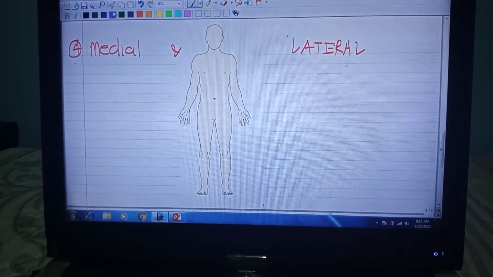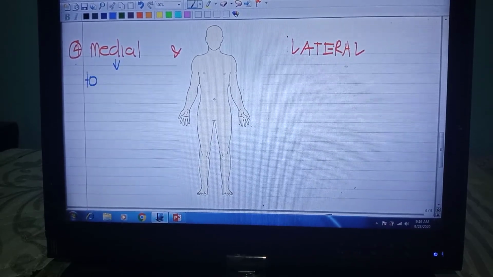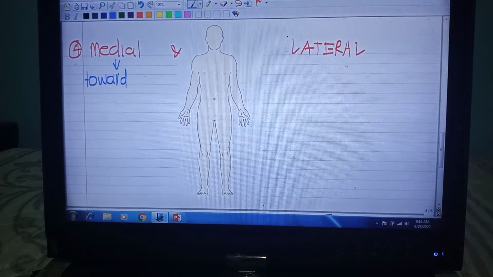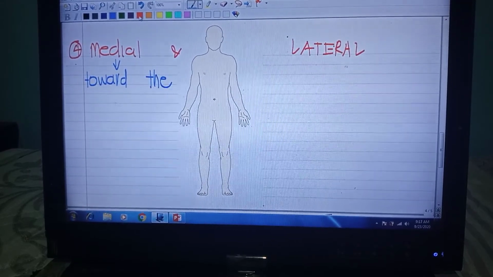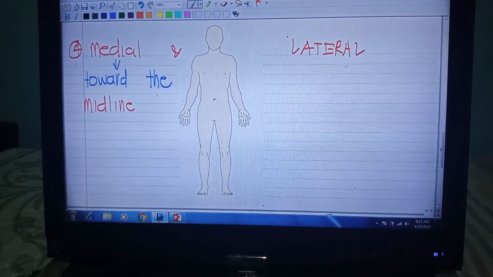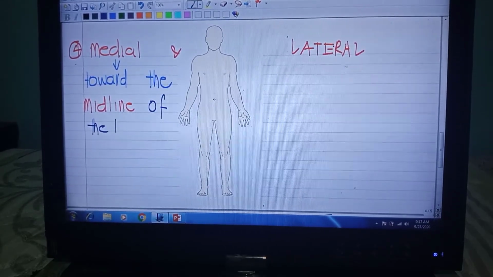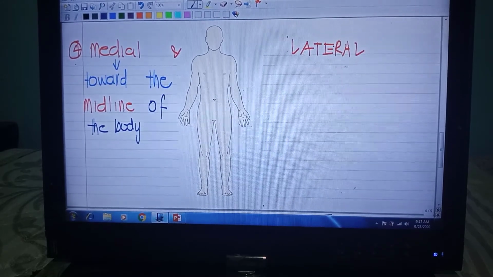Pag sinabi nating medial, obviously medial, gitna. It is toward the midline of the body.